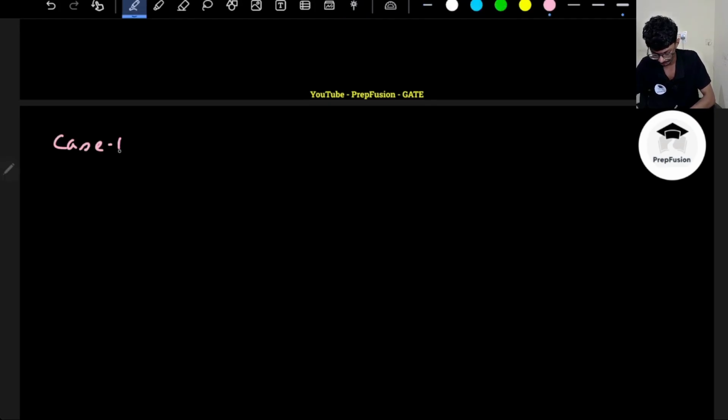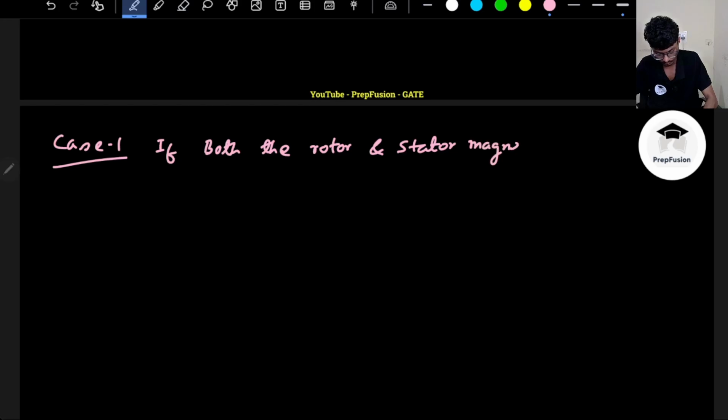Case one: if both the rotor and stator magnetic fields rotate in the same direction.